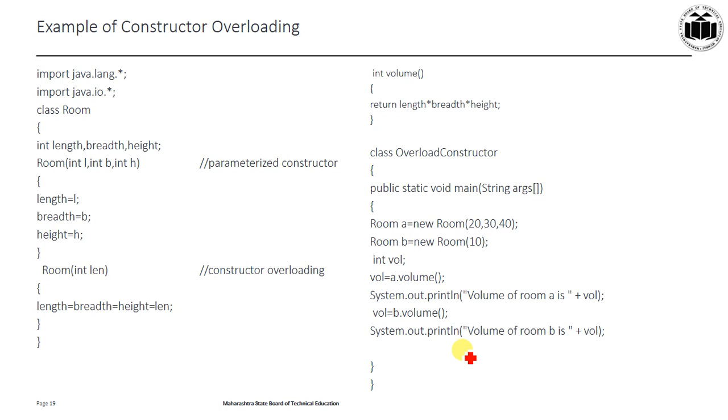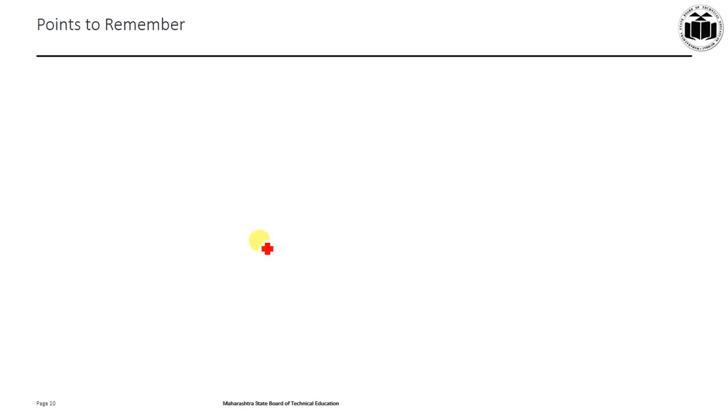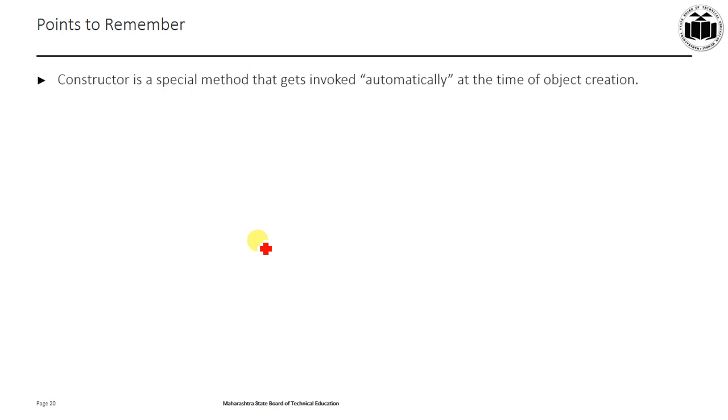So what is the main objective? What is constructor overloading? We call the constructors with the same name, but whichever parameters we have passed in them are different. So this is called constructor overloading. Now what did we learn throughout this presentation? Constructor is a special method that gets invoked automatically at the time of object creation.